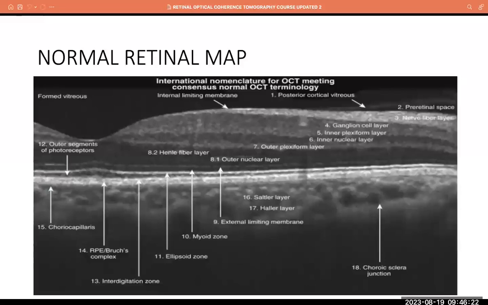Then you have the external limiting membrane, the myoid zone, the ellipsoid zone, the area of the photoreceptor outer segments, and then the interdigitation, and then RPE, Bruch's, and choroid.